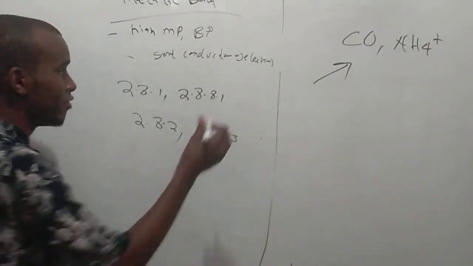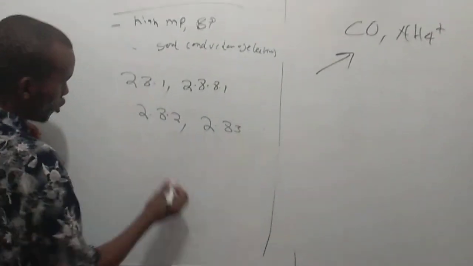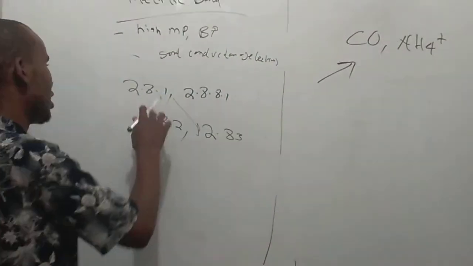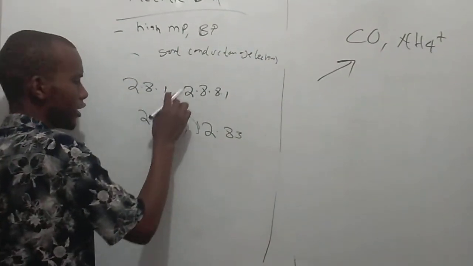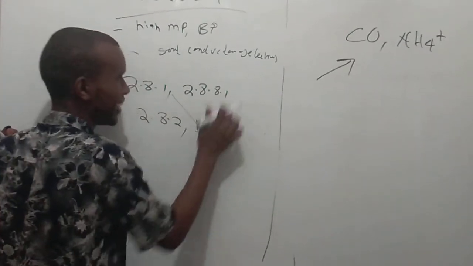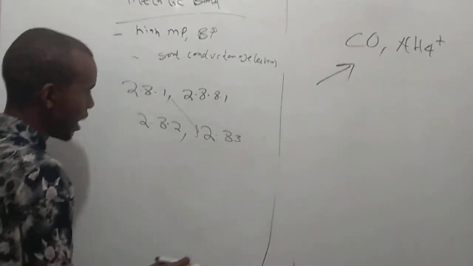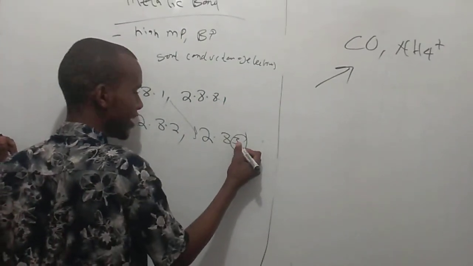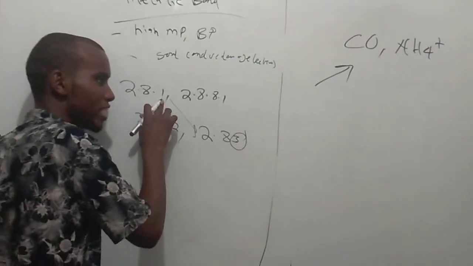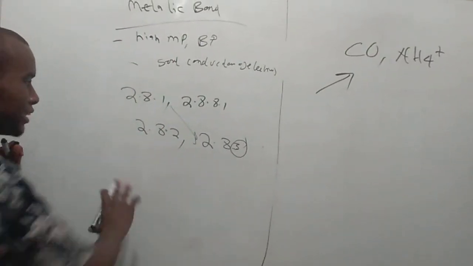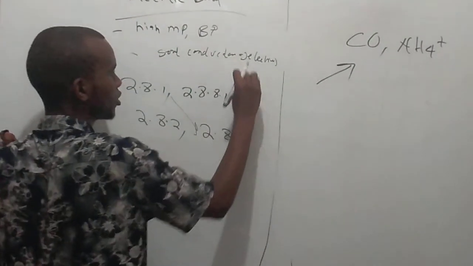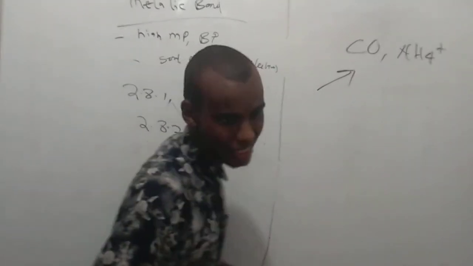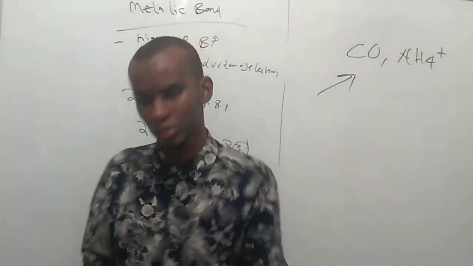If someone asks you to compare the electrical conductivity of sodium and aluminium, I will say aluminium is a better conductor than sodium, because aluminium has 3 delocalized electrons, unlike sodium, which has only 1. But generally, metals conduct electricity because of delocalized electrons. That's all I can say about the metallic bond.